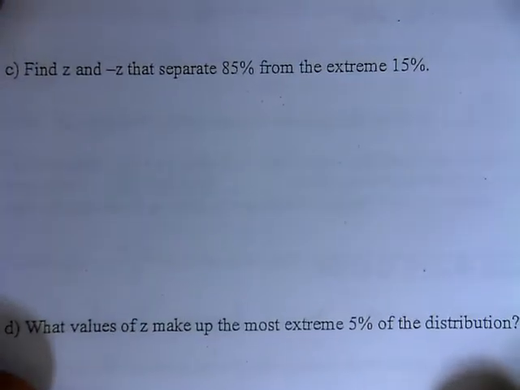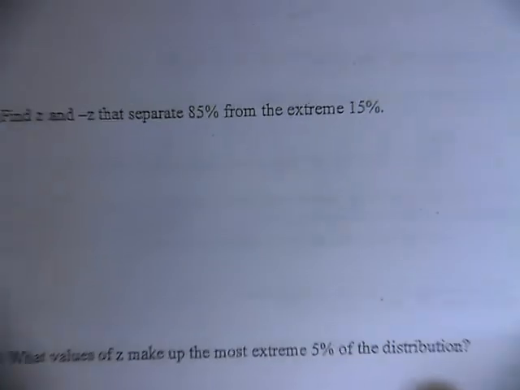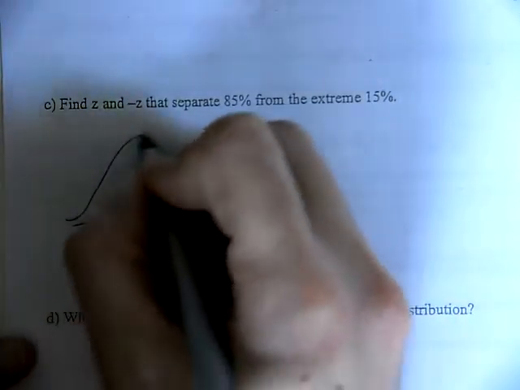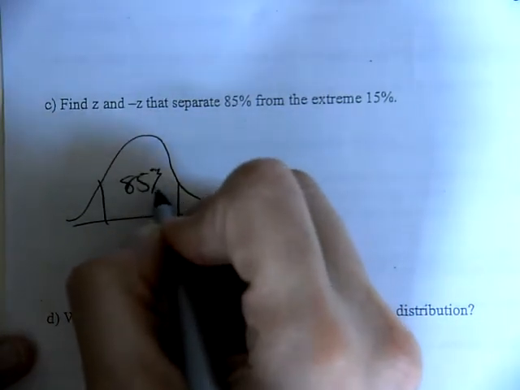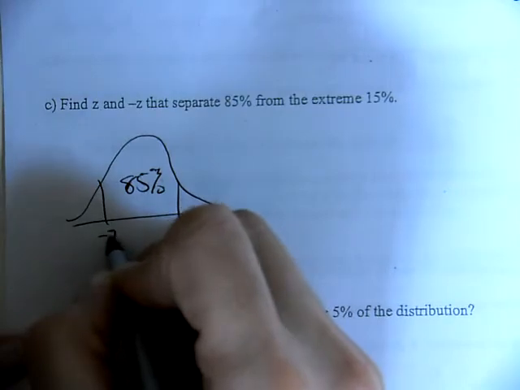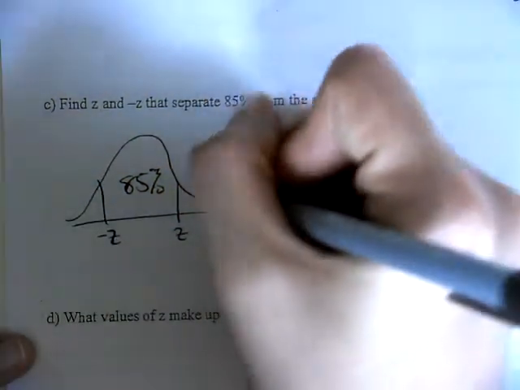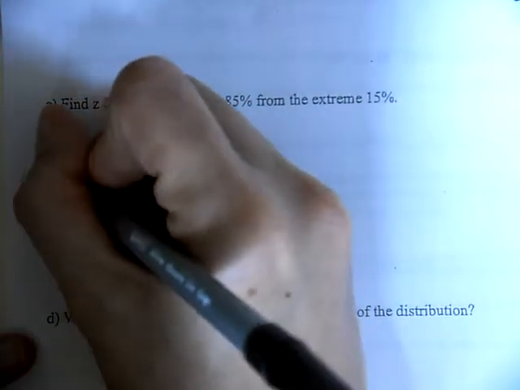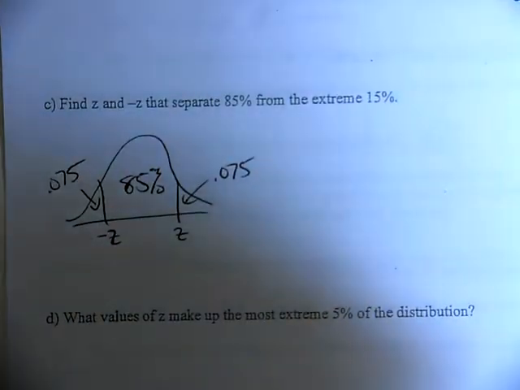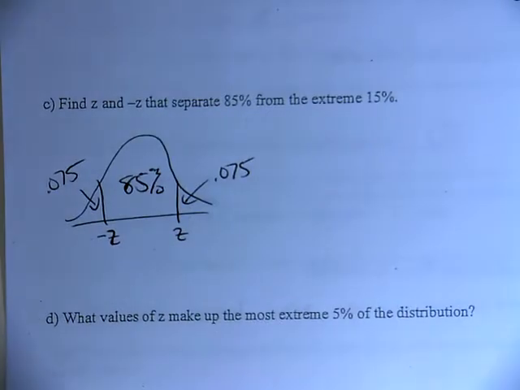Find the z and negative z that separate the middle 85% from the extreme 15%. So you have your middle 85%, and it's asking for a negative z and a positive z. That leaves 0.075, 7.5% on each side.